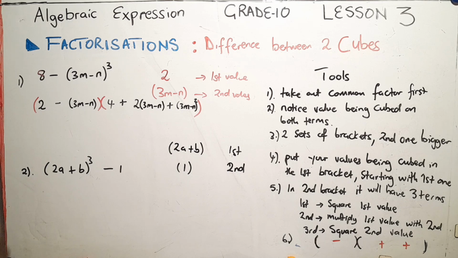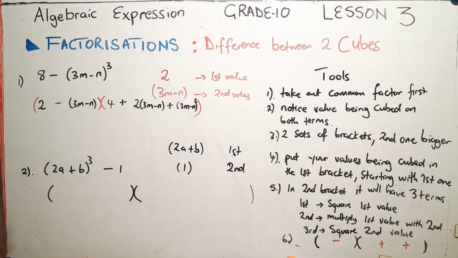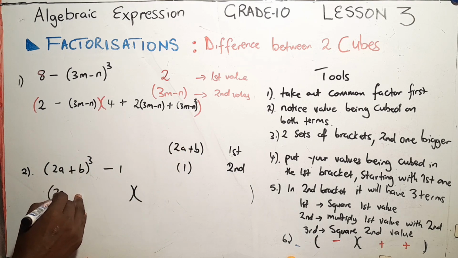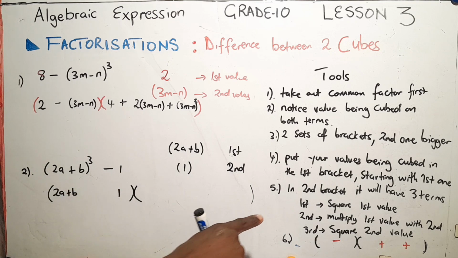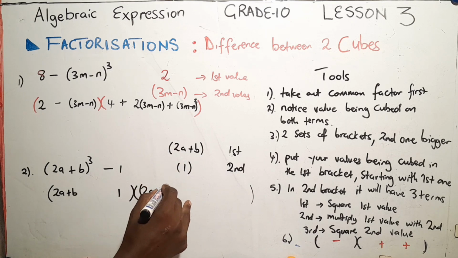So now to factorize, we put two sets of brackets, the one bigger than the other, right? So we put the first value and the second value. So this is 2a plus b and then 1. In the second bracket, the first value is squared. So that's 2a plus b squared.